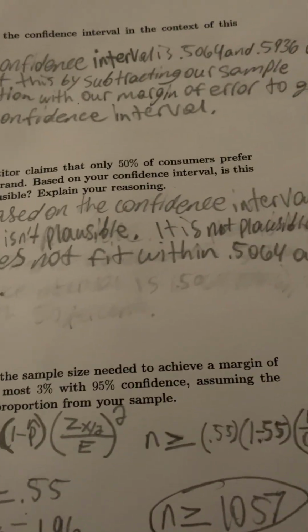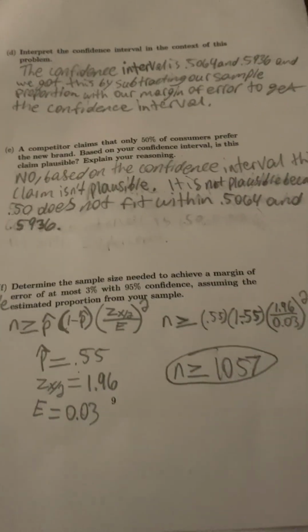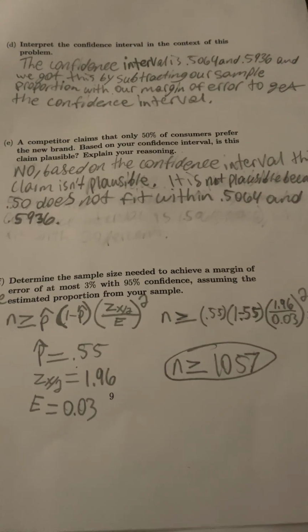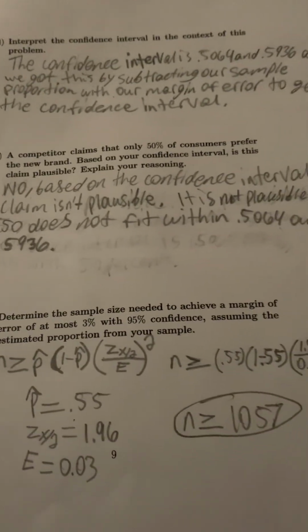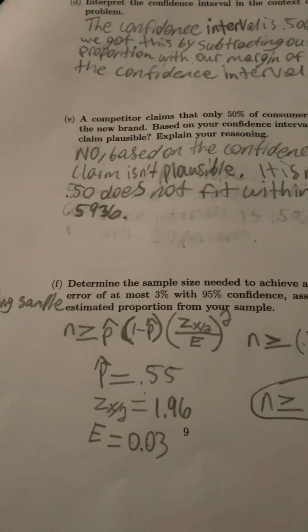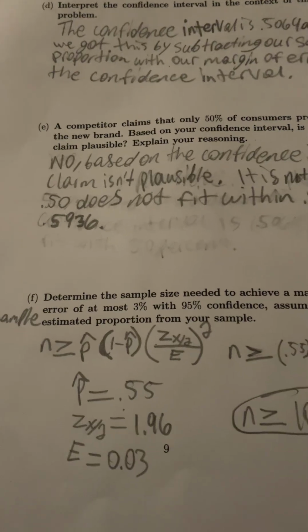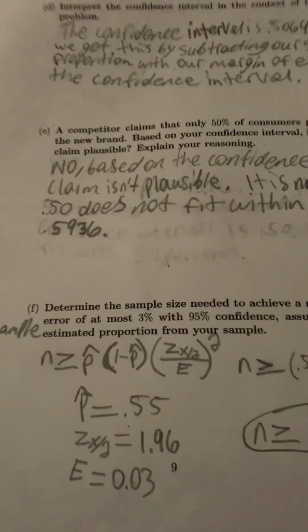Based on your confidence interval, is this claim plausible? No. Based on the confidence interval, this claim isn't plausible. It is not plausible because 0.50, so 50%, does not fit within 0.5064 and 0.5936.